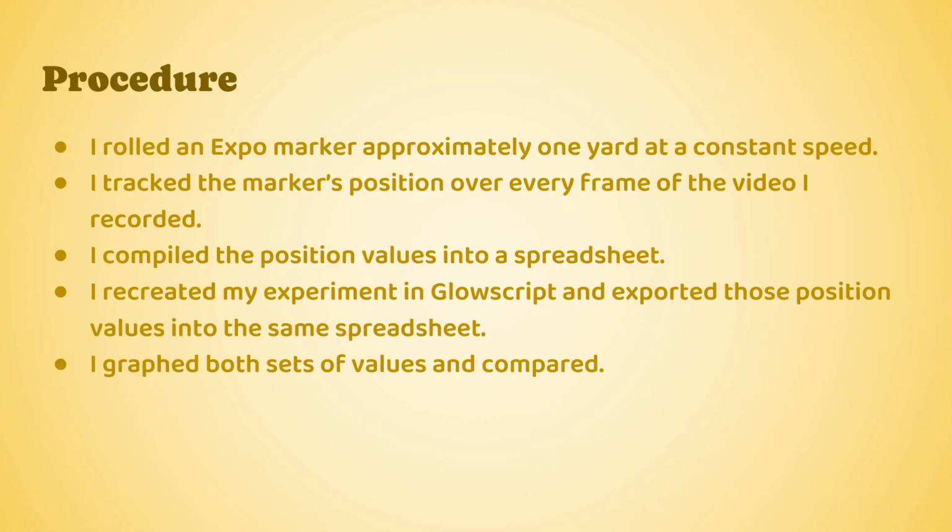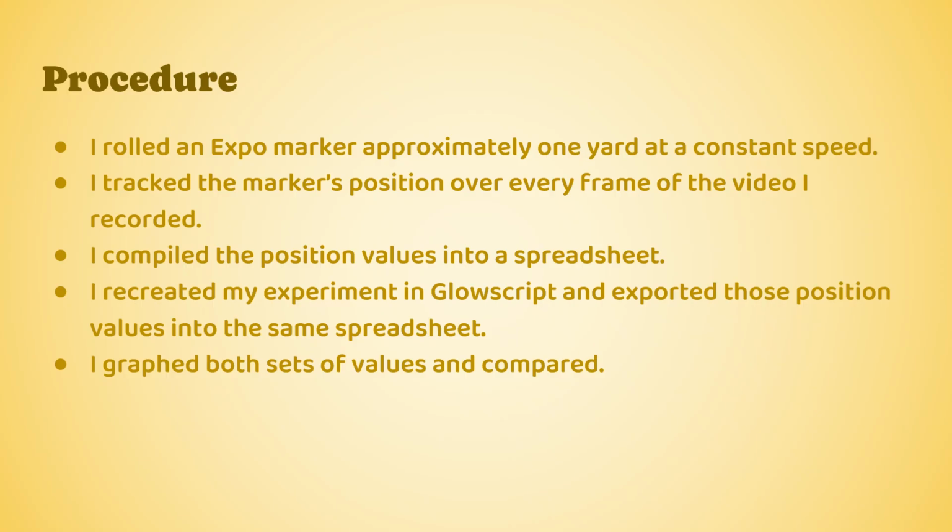For my procedure, I rolled an expo marker approximately 1 yard at a constant speed. I tracked the marker's position over every frame of the video that I recorded and compiled the position values into a spreadsheet. I recreated my experiment in GlowScript in Python code and exported those position values into the same spreadsheet.